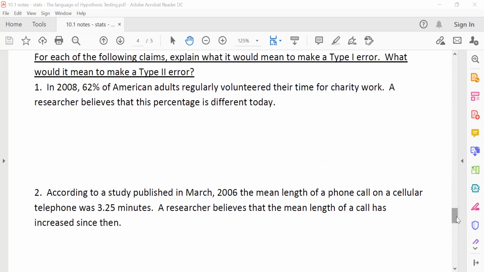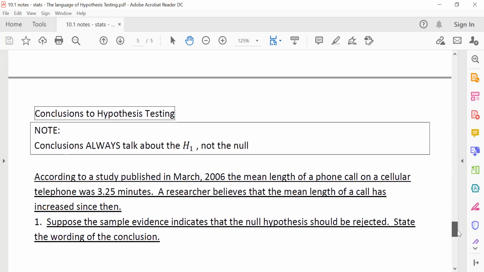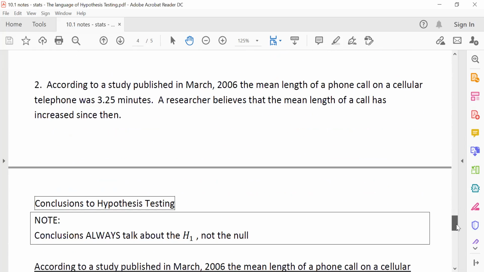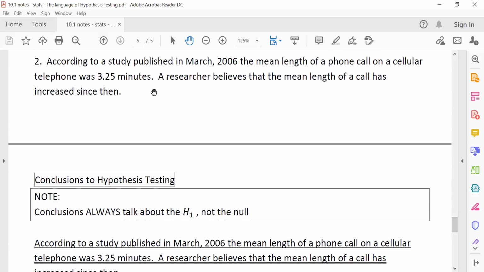We'll look at one more example here. According to a study published in March 2006, the average length of a phone call on a cell phone was 3.25 minutes. A researcher believes the mean length of the call has increased since then.